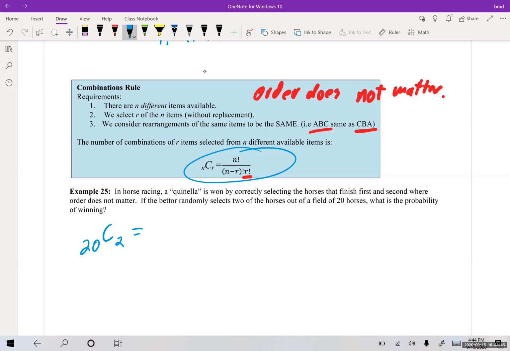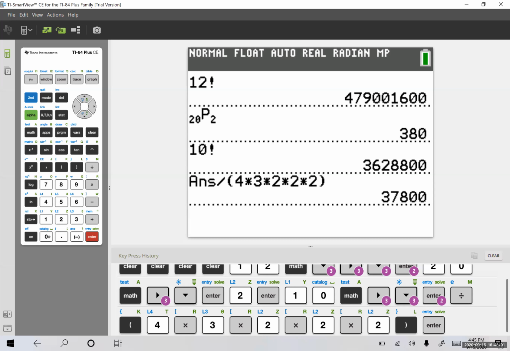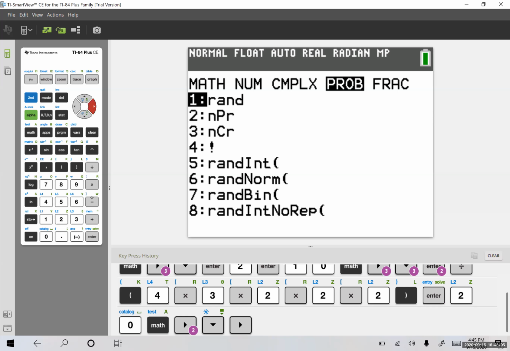It doesn't matter. We win with either one. Okay. So what I'm going to do is 20 factorial divided by 18 factorial times r factorial, but r was 2, so 2 factorial. So instead of doing all of this, I'm going to once again get out my calculator, and I'm going to do 20 math factorial. And I could have done it probably faster by hand, to be honest with you.